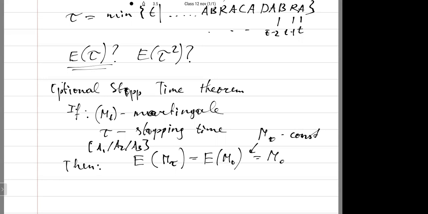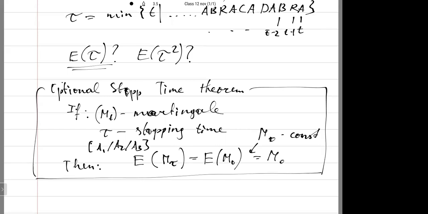So it's a very useful theorem. Something complex at a random moment of time is equal to just the initial constant because roughly you decide to stop in a fair game. So intuitively, it's very clear because I just stop playing a fair game.